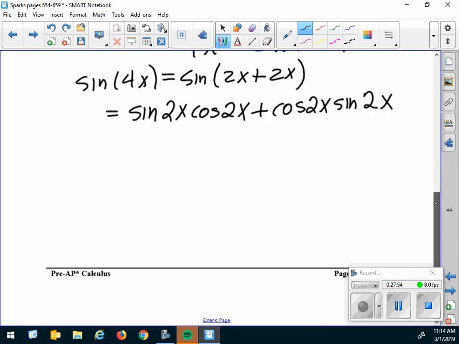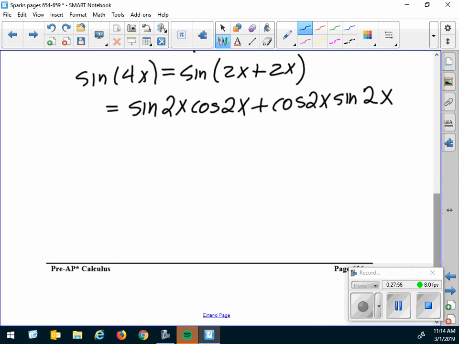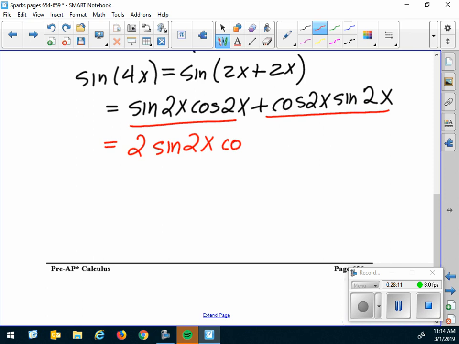What have I got? This and this are identical. So I got 2 of those. So far, so good.